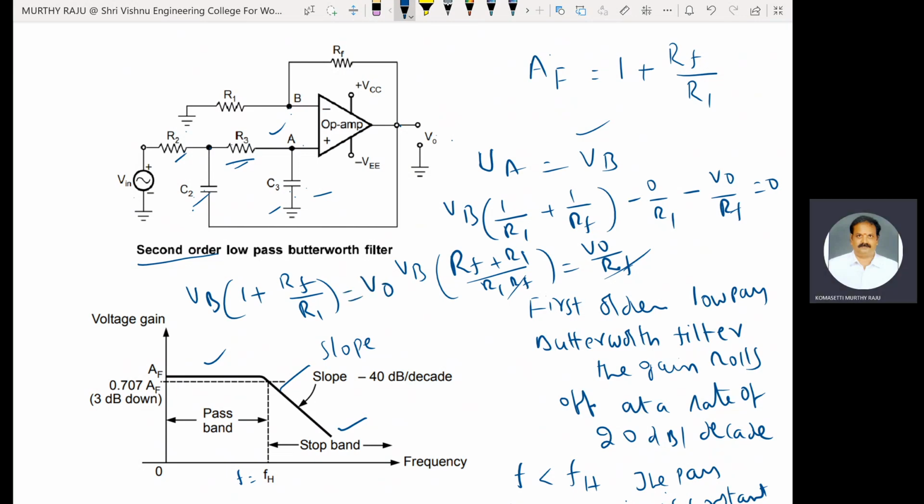Finally, V0 is equal to VB, and VB is equal to VA. V0 is equal to VA into 1 plus RF by R1. 1 plus RF by R1 is AF.